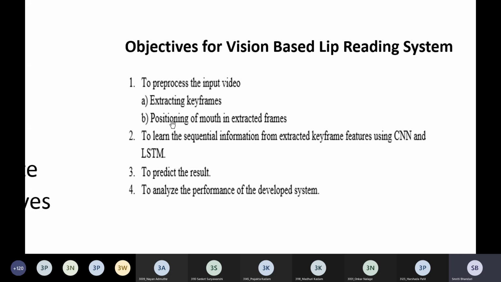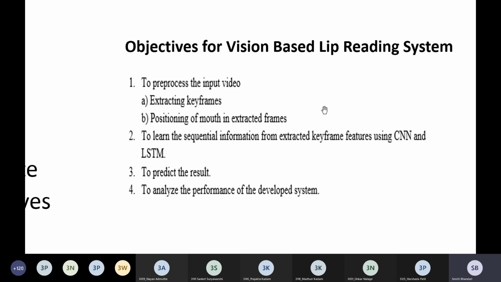Then in the second task of the first objective under pre-processing, what we are trying to do is positioning of mouth in extracted frames. So what does it mean? We are talking about a lip reading system.